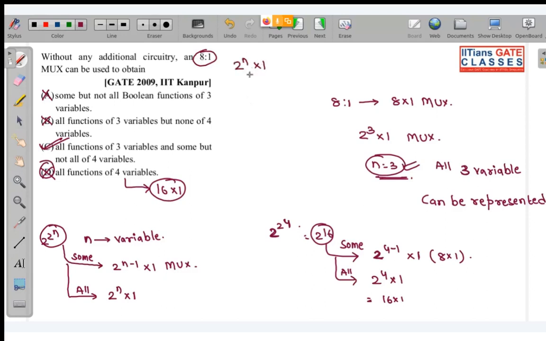Now if you break it, all the n variables can be represented using it. Okay, but n plus 1 variable cannot be represented using a 2 to the power n mux. Okay.